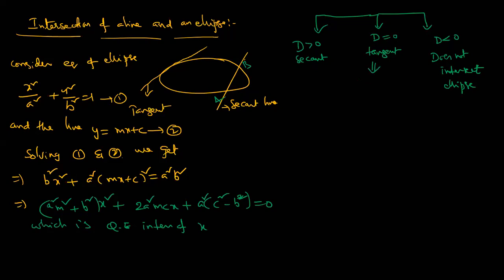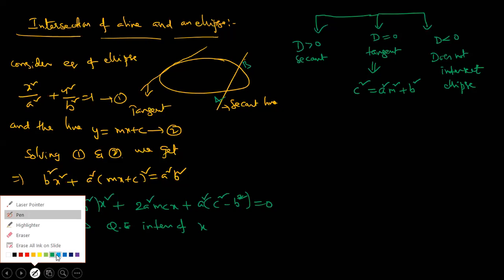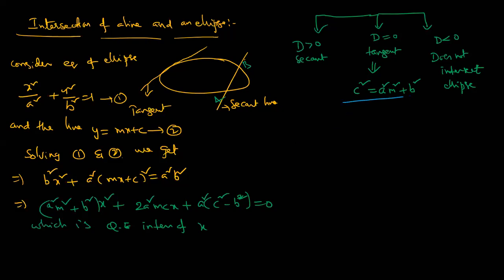So in this case, you can write the relation here. D is equal to 0 means you can get c square is equal to a square m square plus b square.